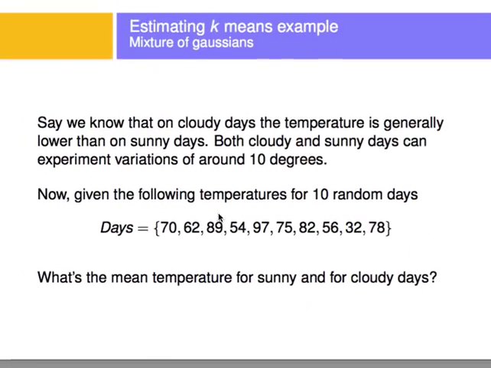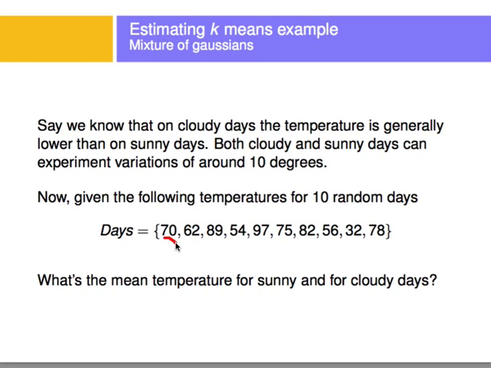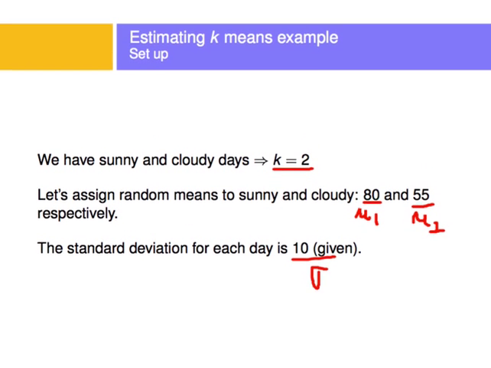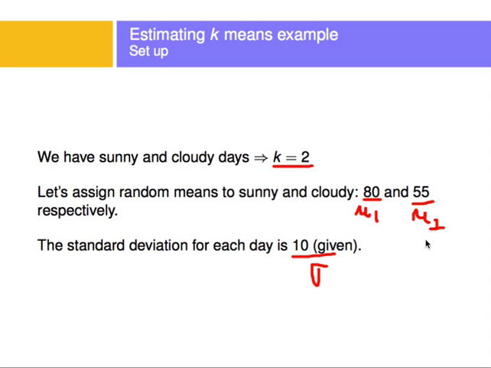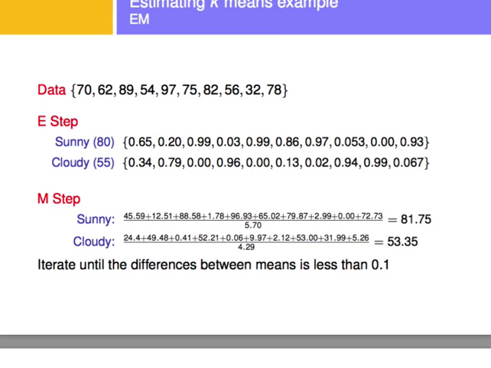So all the data was here: x1, x2, etc., till x10. Whoop, I'm not very good at this. So this is x, and on the other side we have my mu's and my sigma. All I need to do now is to compute the Zij's. Okay? So let's do this.